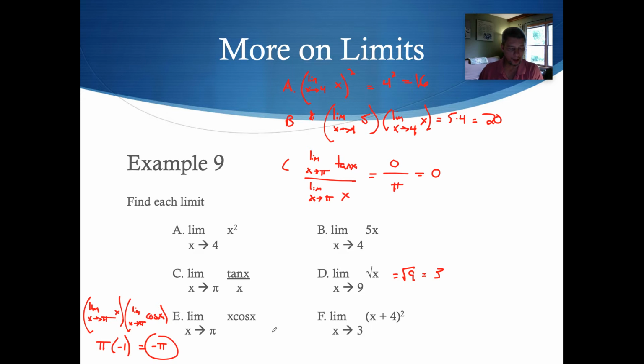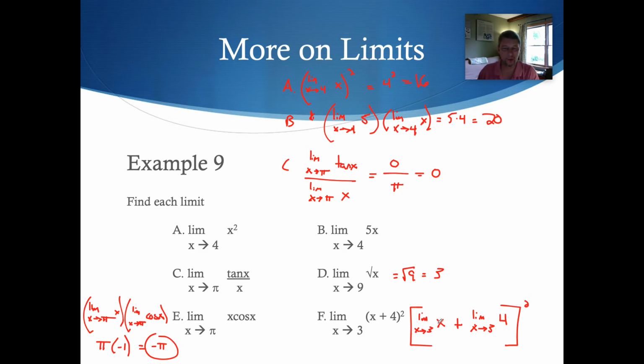And finally, in this case, this is the limit as x approaches 3 of the quantity x plus 4 squared. And this is going to be the limit as x approaches 3 of x plus the limit, this is the sum rule, as x approaches 3 of 4, and then using the power rule, we square the whole kit and caboodle.